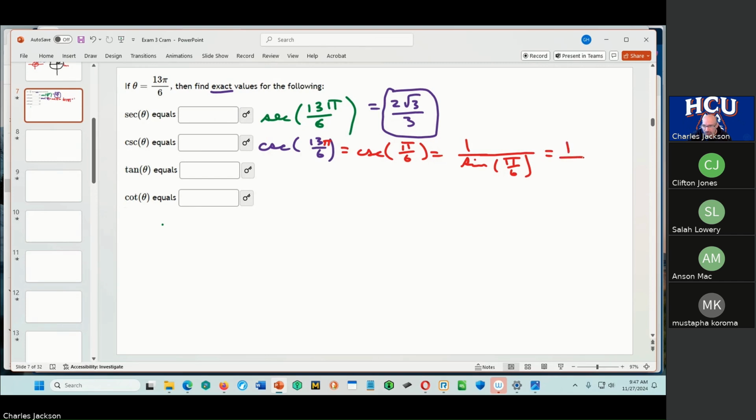Which is 1 over 1/2, which is 2. And then we can put these together.